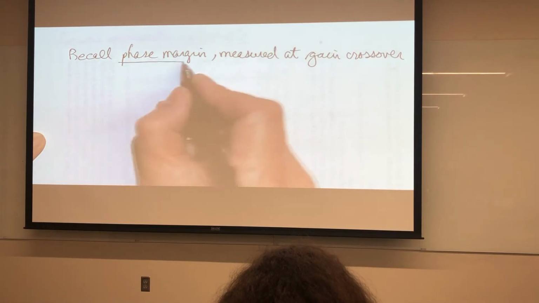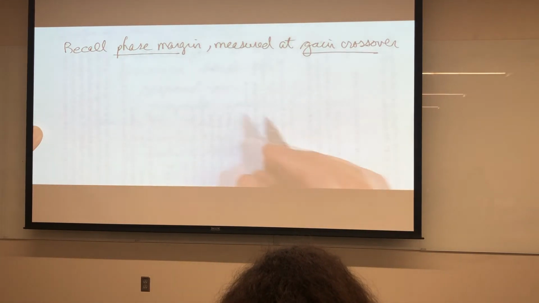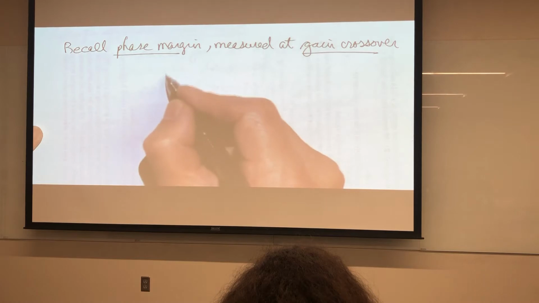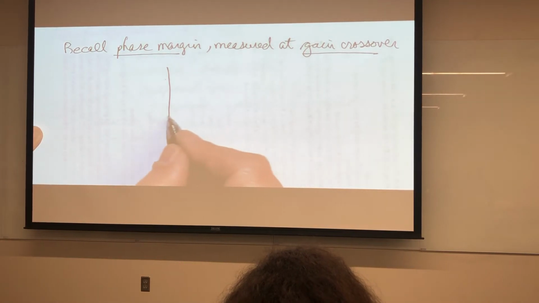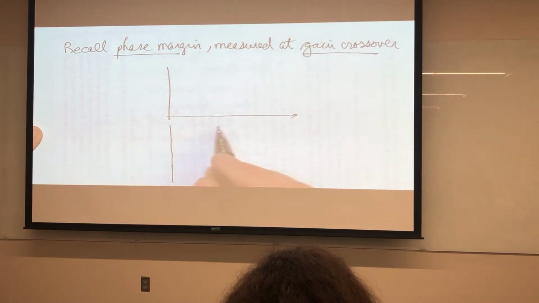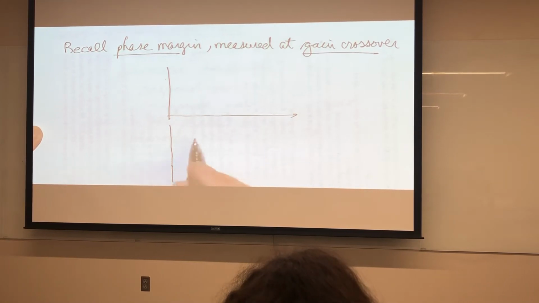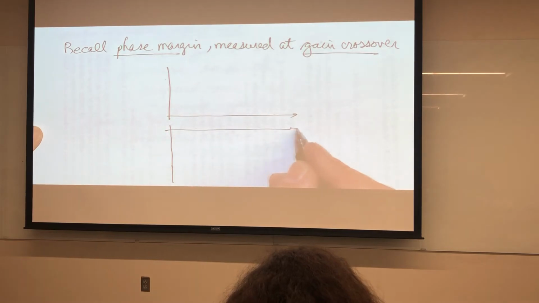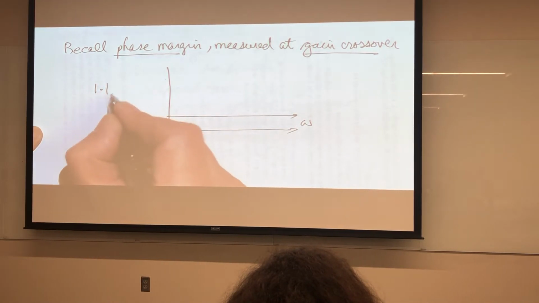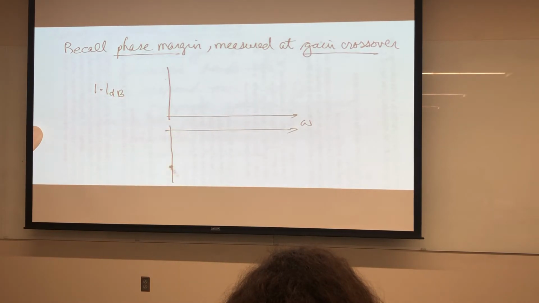So 2 words, phase margin, gain crossover. Let's draw a couple Bode diagrams. These are with respect to frequency. This is the magnitude in dB, and over here this is the phase in degrees.